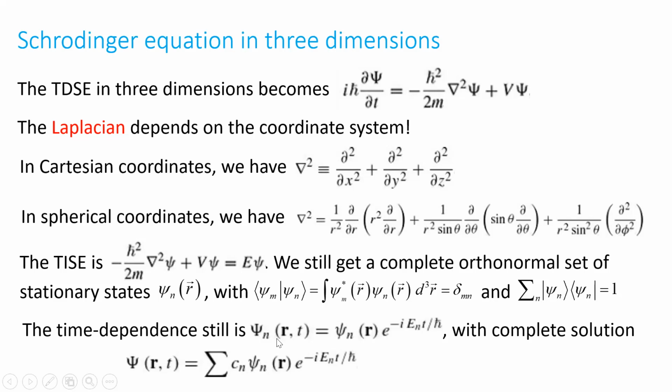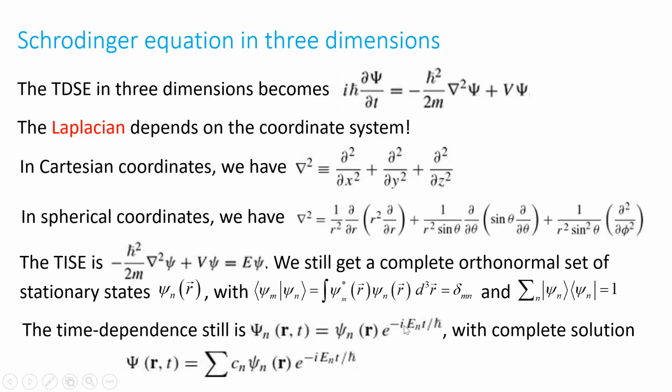Once we have the stationary states, lowercase psi n of r, and this bold r means vector, then the time-dependent wave function will be the stationary state times the exponential time dependence e to the minus i E n t over h bar, which will depend on n.